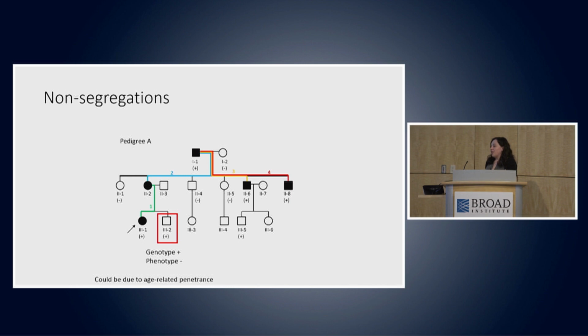And especially if they don't give you the age of the individual in the pedigree in question, we wouldn't necessarily count this as contradictory evidence or a non-segregation. However, if you have an affected individual here that does not have the variant, that would be counted and considered a non-segregation. Phenotype positive, genotype negative.